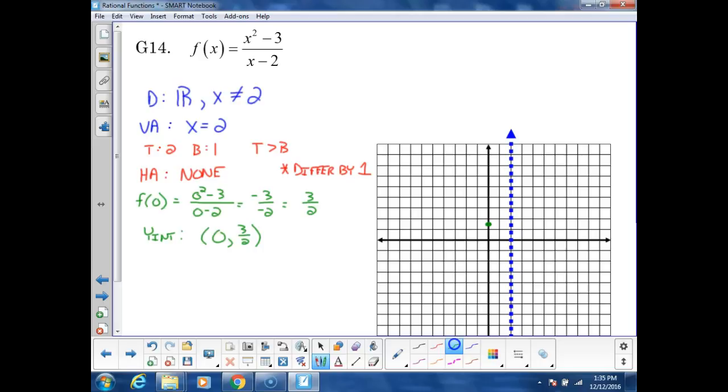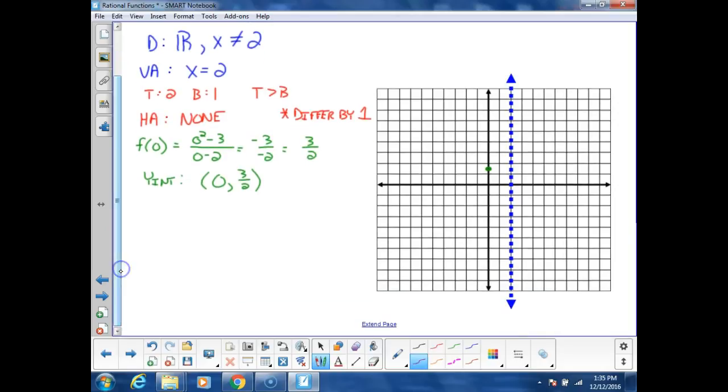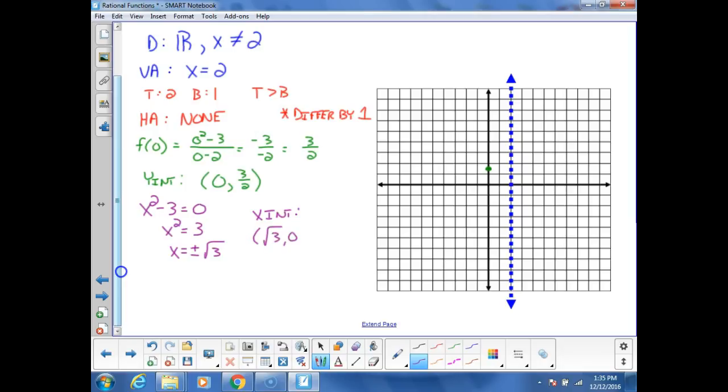For the x-intercepts, x squared minus 3 equals 0, so x squared equals 3, so x equals plus or minus the square root of 3. That tells me I have two x-intercepts, one at the square root of 3 comma 0, and one at negative square root of 3 comma 0.